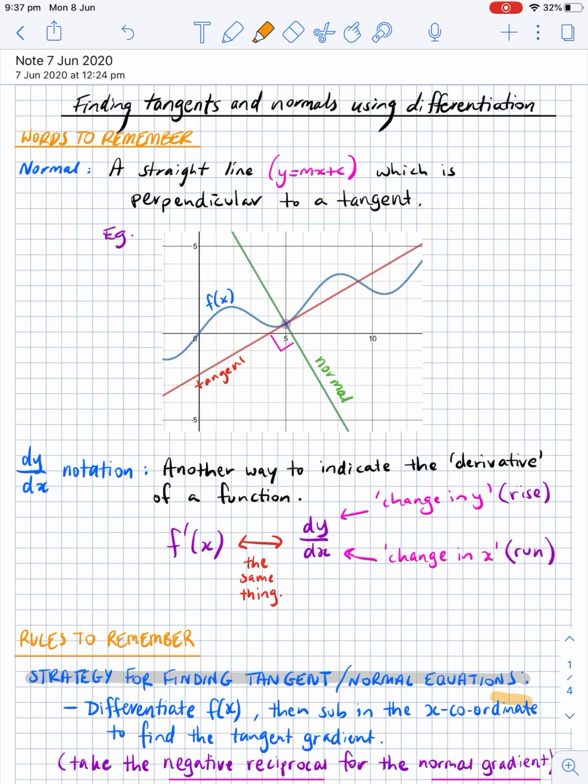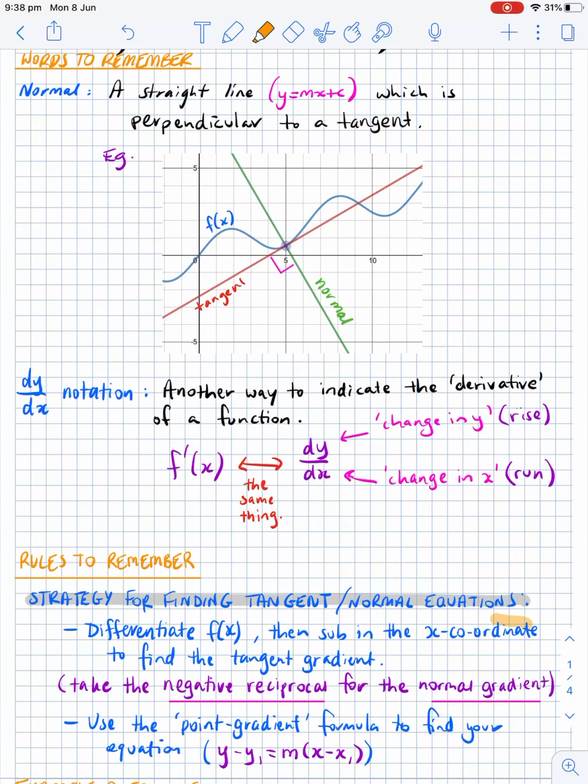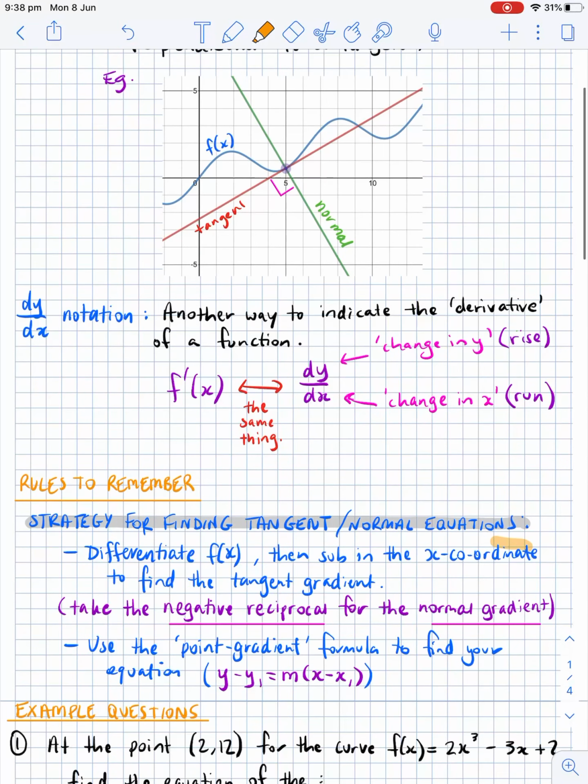The dy is another way of saying the change in y, or the rise. And dx is another way of talking about the run, so the change in x. It's useful notation, particularly in future questions.